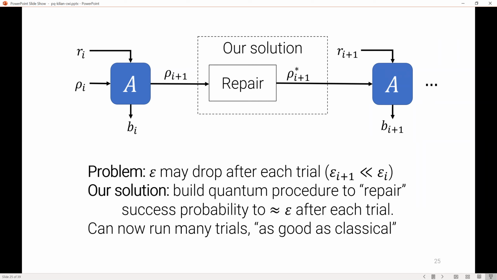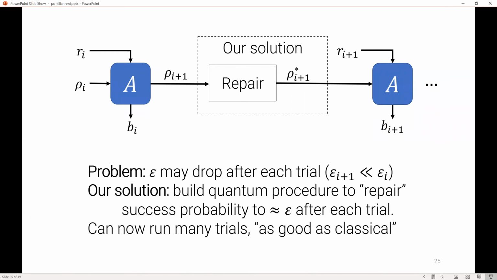Actually, the only guarantee that we can really give for the repair procedure is that it fixes the success probability. Rho I and rho I plus 1 star might be very far apart, very distinguishable.